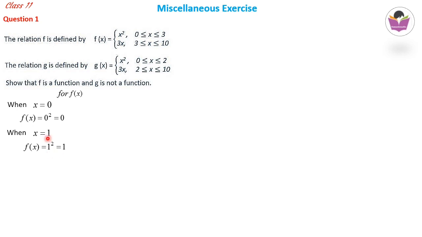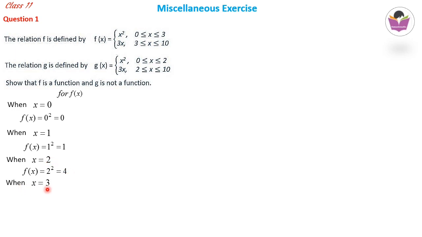If you give input 1, you get the unique output, the image, as 1. Next, x is equal to 2. Here 2 comes between 0 and 3, so the same function x square is taken. So f of x is equal to 2 square, which is 4. Again, for one input there is only one output.